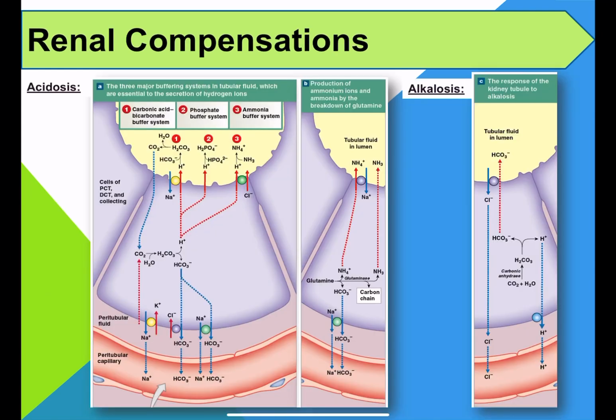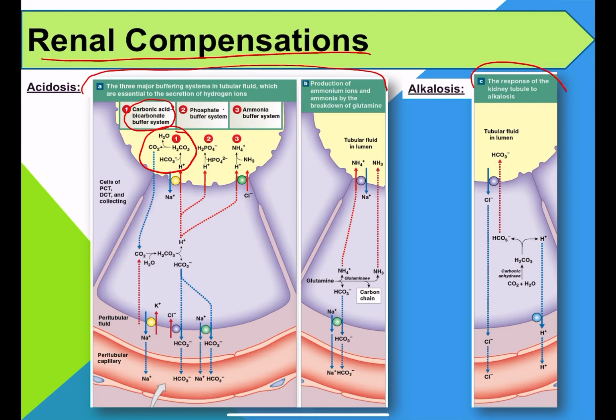Okay, so here's a pictorial version of what I was talking about in terms of renal compensation. These are the same figures from the urinary system, but in case you forget, this is the acidosis. In case of acidosis, what happens in your kidneys? If it's in case of alkalosis, what happens in your kidney? Here's that carbonic acid bicarbonate system that also exists within the kidneys.